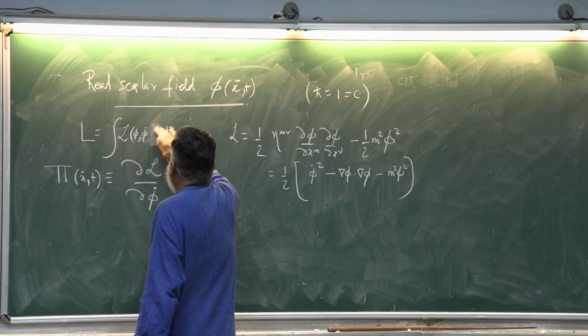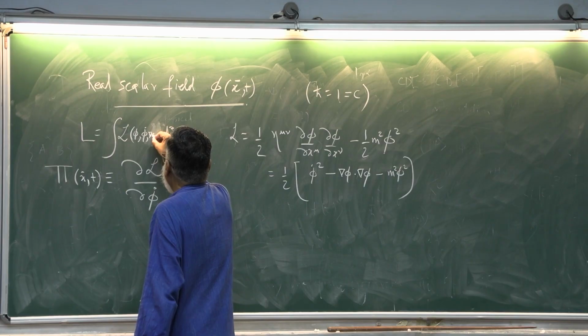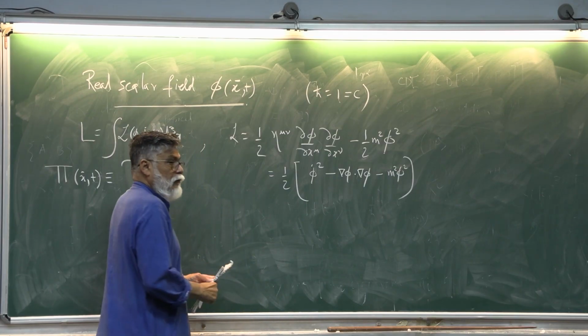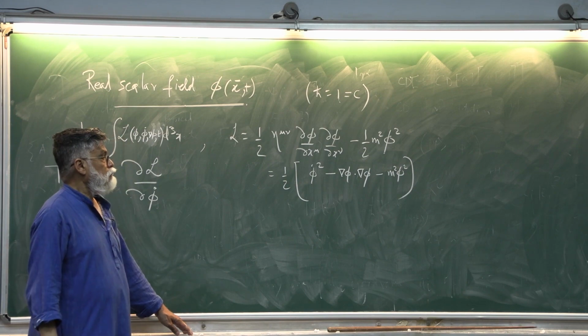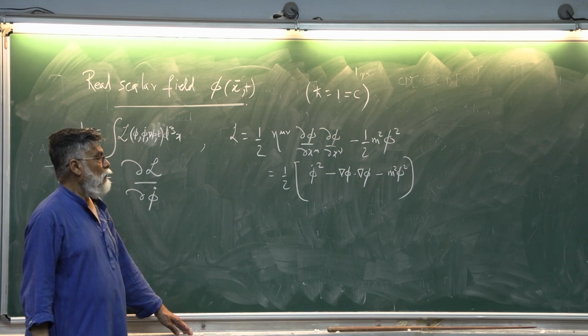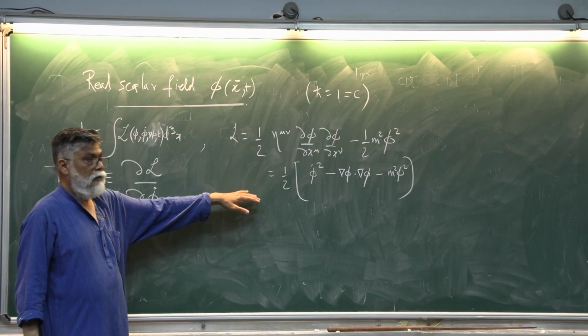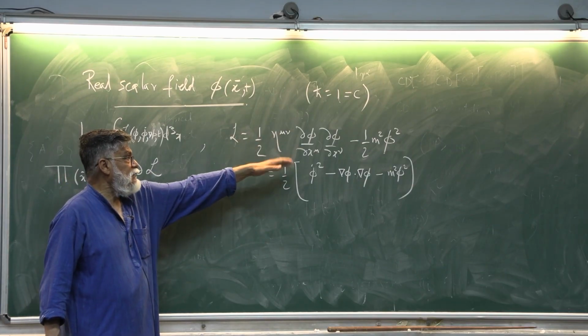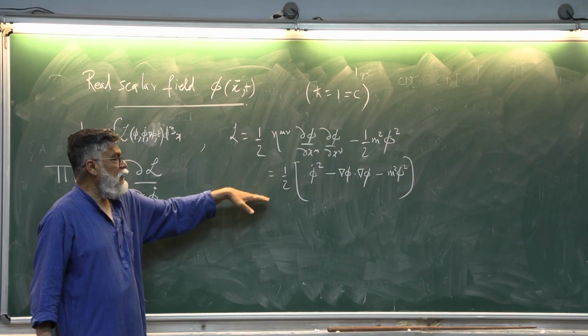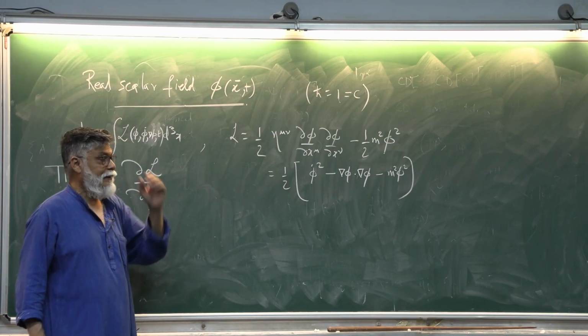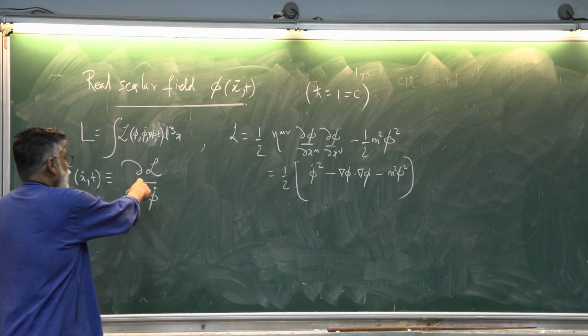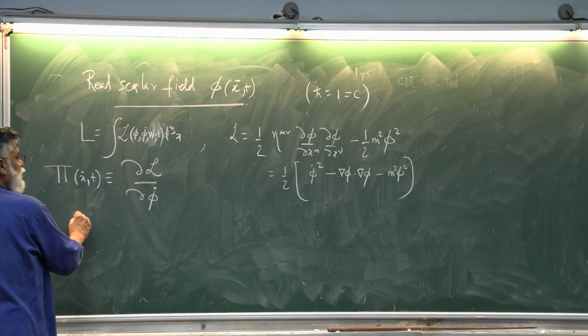I meant not just phi dot, but del mu phi. In this case, it is. Good that you pointed out. So I have expanded because these mu nu are being summed over. This is your Lagrangian density, and therefore del L by del phi dot you can see is simply phi dot.